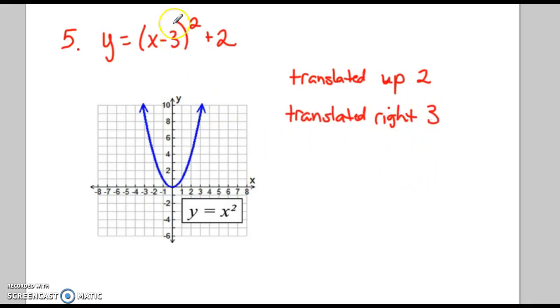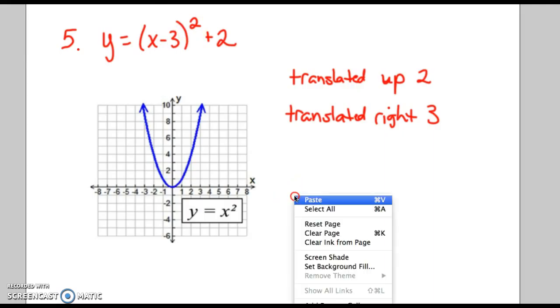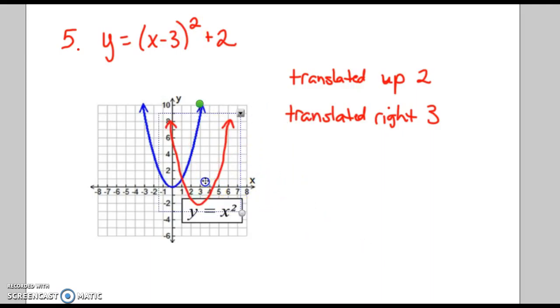Okay, and so let me get the parabola out here. So we start here at 0. It really doesn't matter which order you do them. I know I've got to go right 3, so 1, 2, 3 with my vertex. And I'm going to be going up 2.